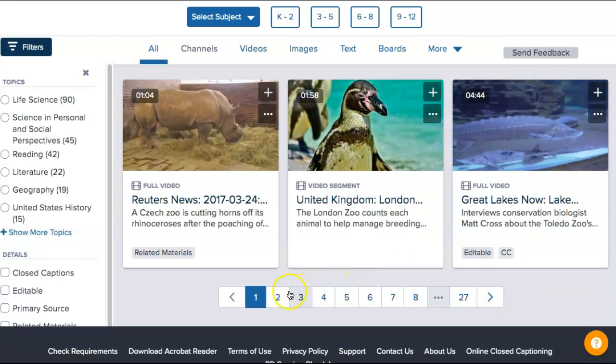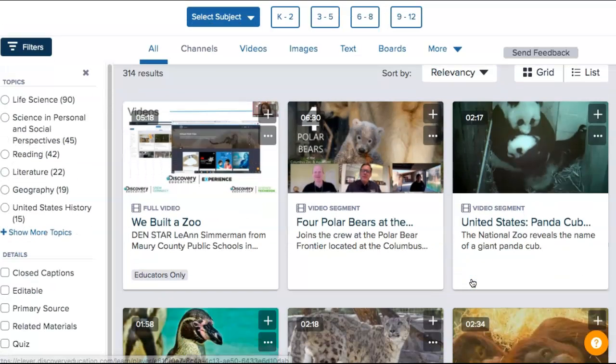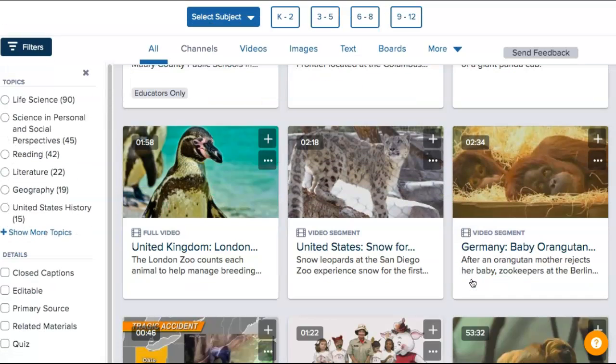So there's lots and lots of choices. So I'm going to pick one or two videos today that I feel like will help me get some evidence for my topic. So I'm going to look at the little blurbs here to see if they hint at anything about helping animals. The London Zoo counts each animal to help manage breeding.